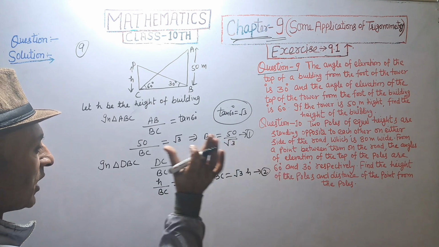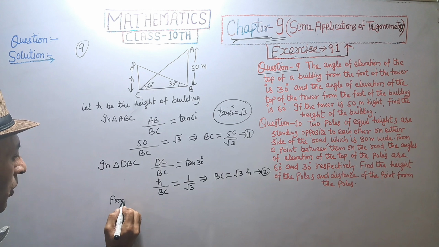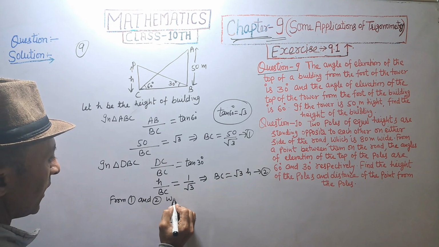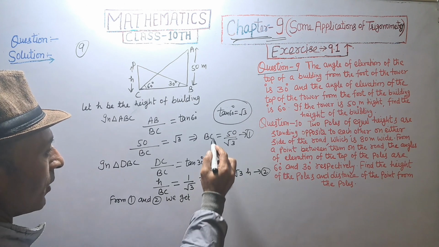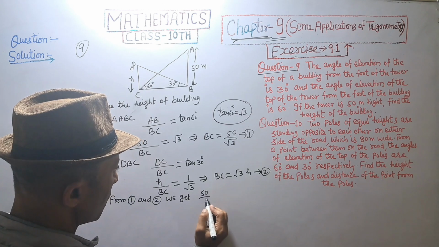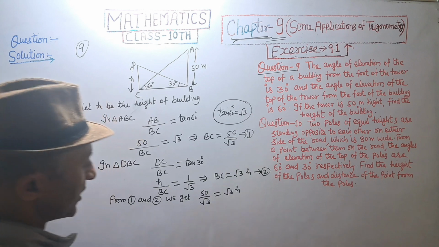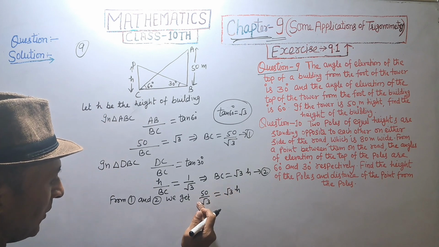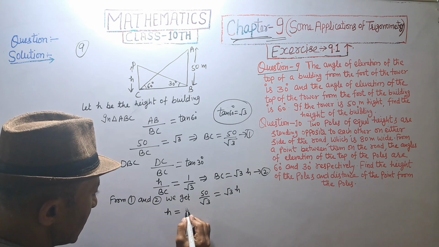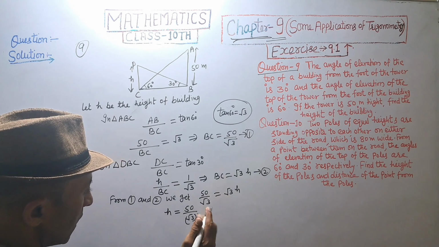First equal to second, equating first and second. From first and second we get 50 upon root 3 is equal to root 3 H. Dividing by root 3 on the left side, H is equal to 50 upon root 3 square.